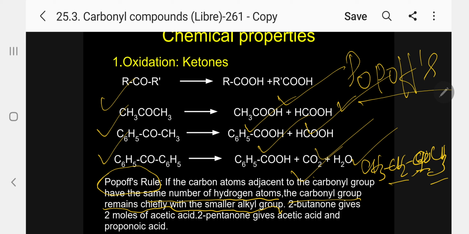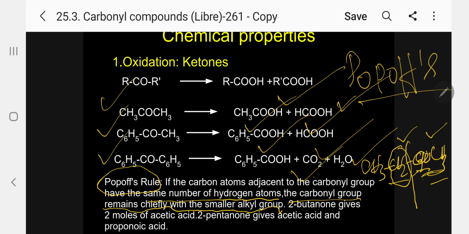The carbonyl group remains chiefly with the smaller alkyl group.